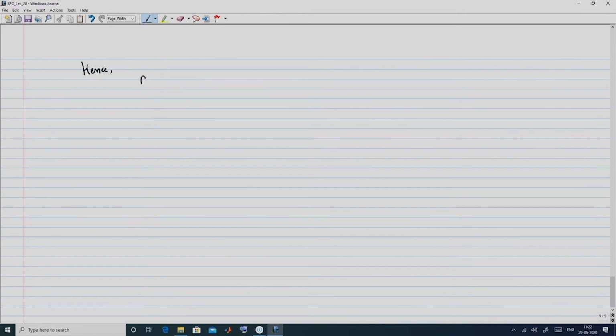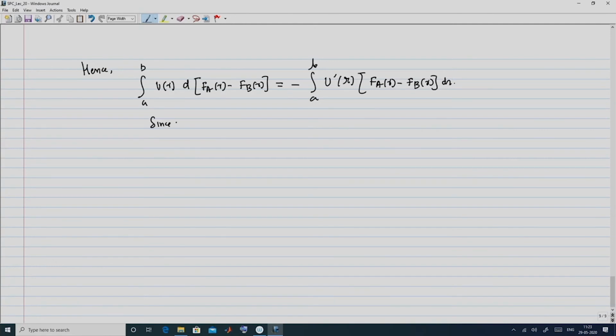Hence, we can conclude that the integral from a to b of u of r d of (F_A of r minus F_B of r) is just the remaining term after integration by parts, that is, minus the integral from a to b of u prime of r (F_A of r minus F_B of r) dr. Now, since u prime of r is greater than 0 and F_A of r is less than or equal to F_B of r, with strict inequality holding in one case, this integral is going to be greater than 0.